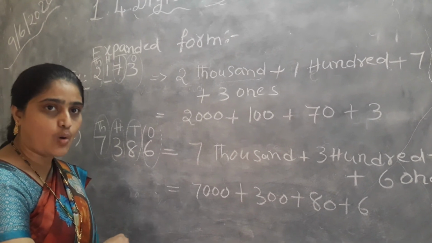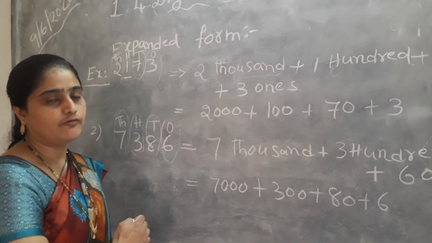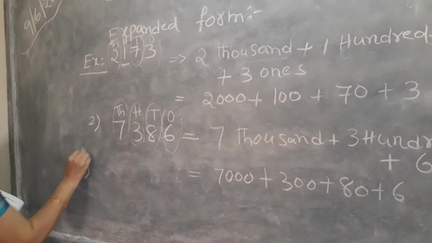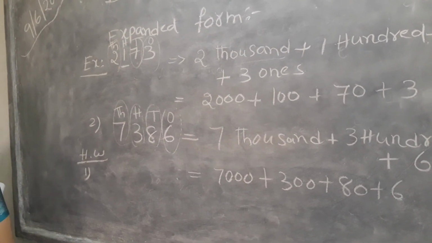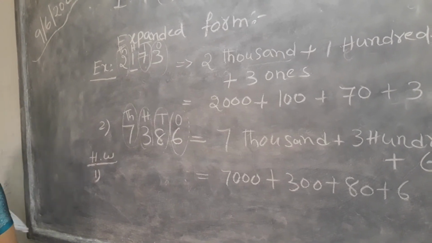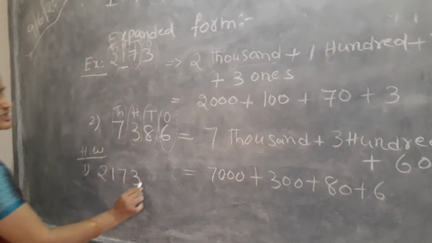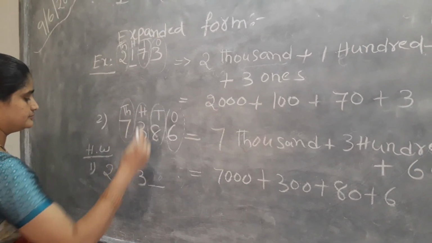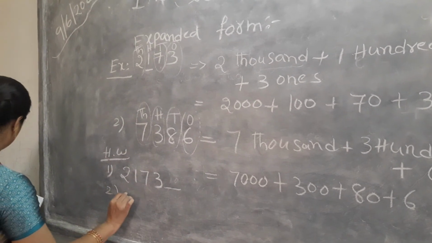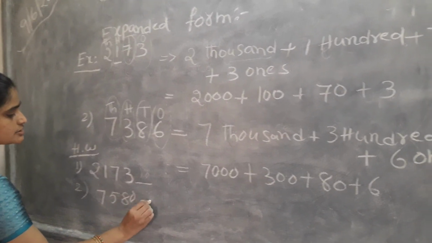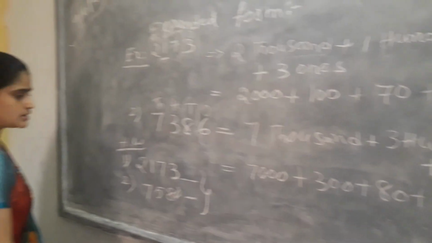All of you do the homework and send it to my phone number. First one is 2173, expanded form, right? Okay. And the second one is 7580. Do this homework.